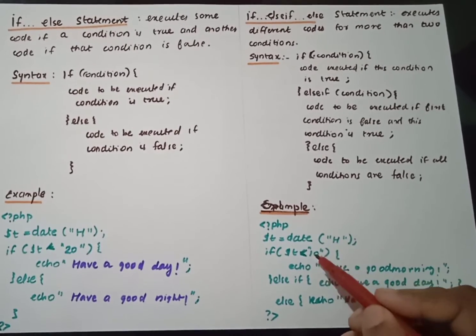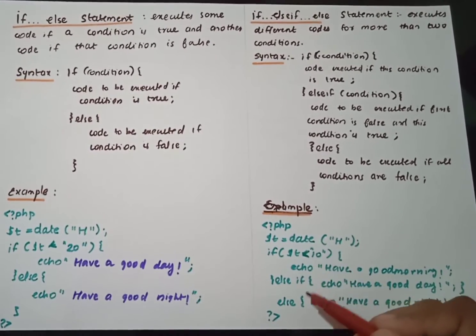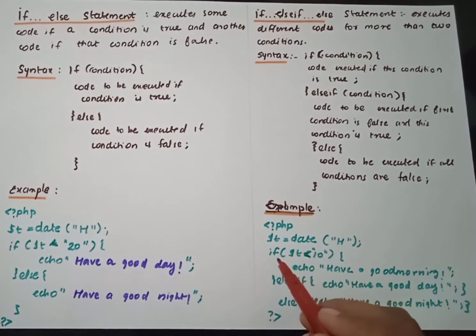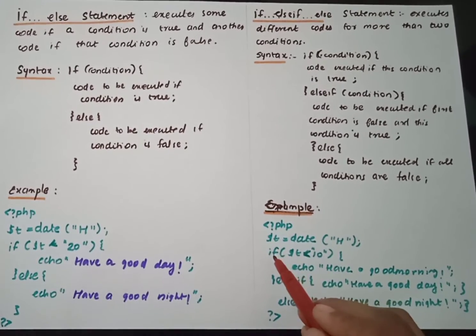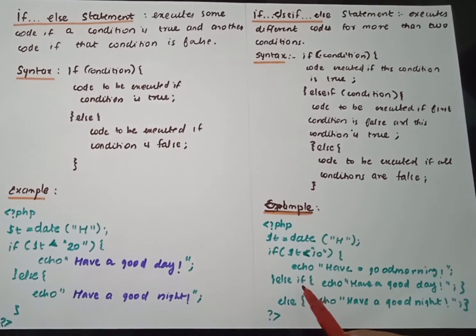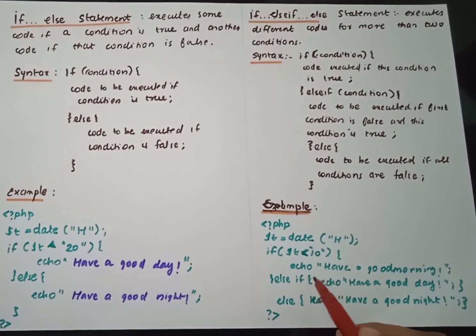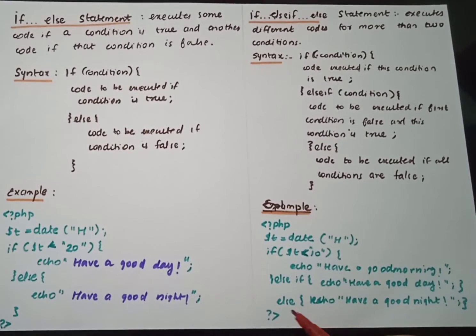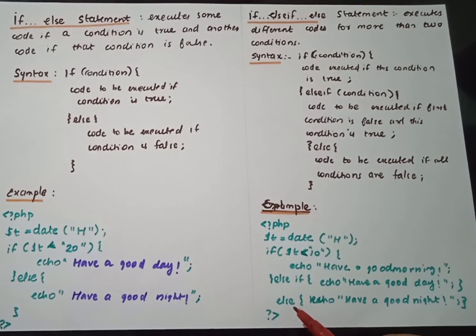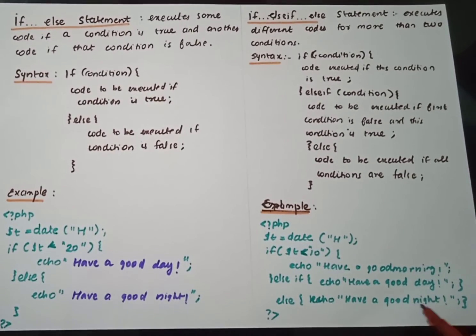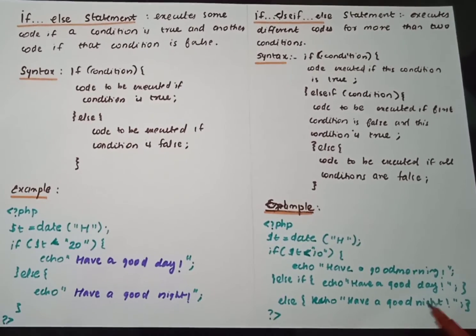Each of these conditions is actually a chained action. When it started with the if and the if statement becomes false, it will jump to the next, and if there is a condition, it will go and check that. And when all of these conditions become false, it will come to the last one, that is else. It doesn't need any condition. It will automatically execute whatever code is inside it.